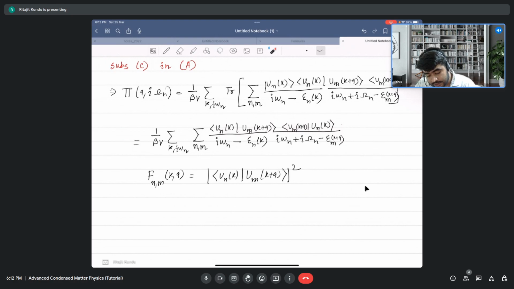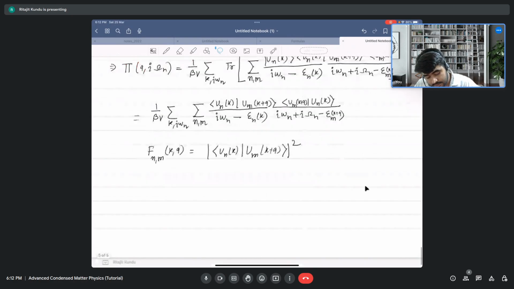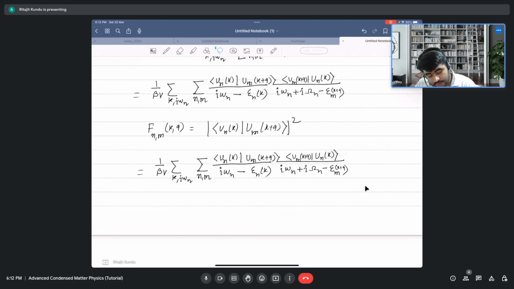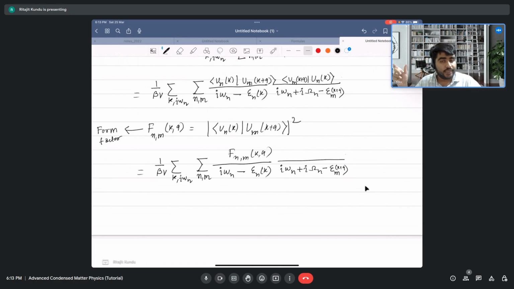Let's rewrite this. The upper part is just F_nm(k,q). You will find that this is sometimes called the form factor. These are overlaps of Bloch states between different momentum points and between different states, so these are called form factors.